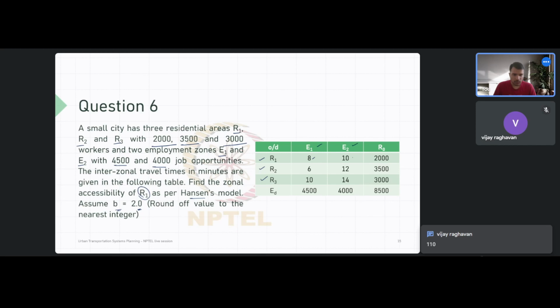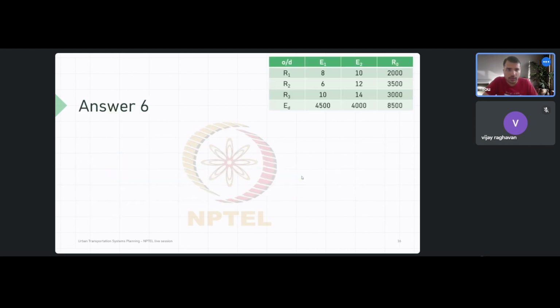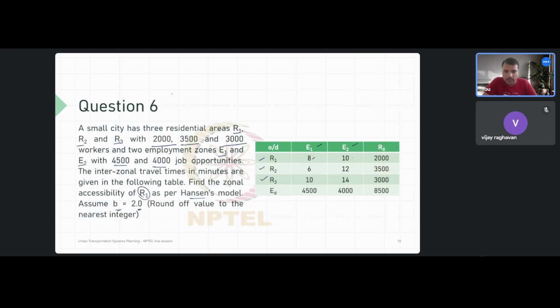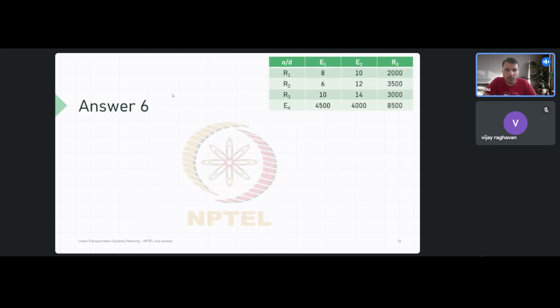Okay, let's see. So we have all the data. So let's try to solve the question. What we need is the accessibility for zone R1. So accessibility is given by the trip interchanges divided by d_ij to the power b.